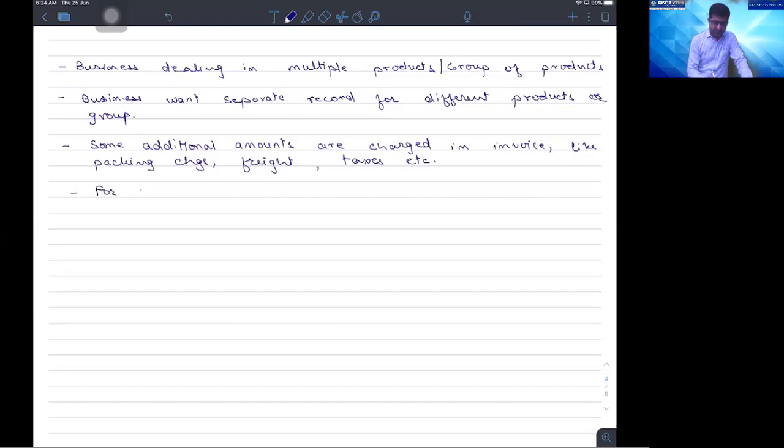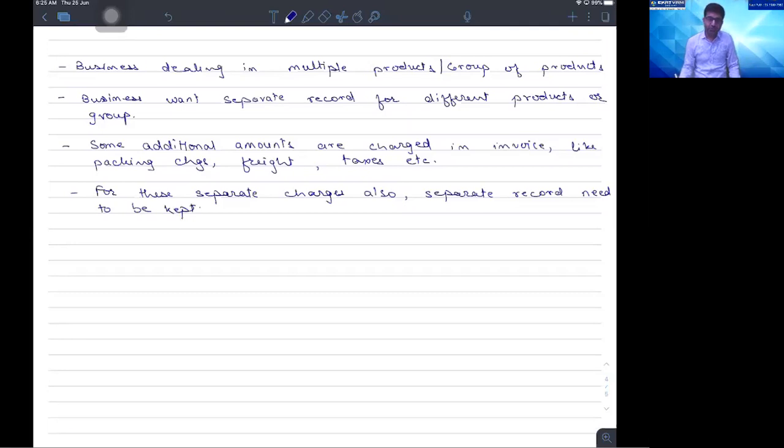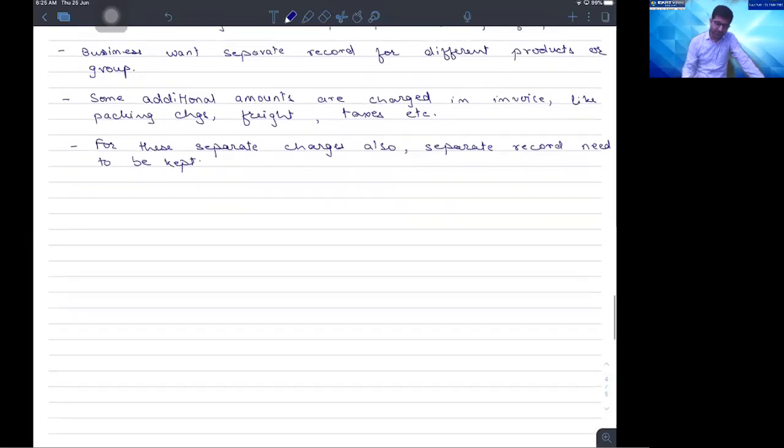For these separate charges also, you need to maintain the separate record.